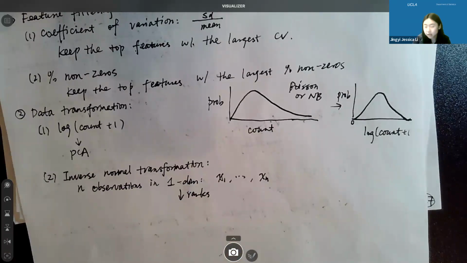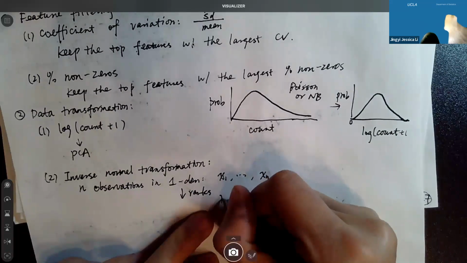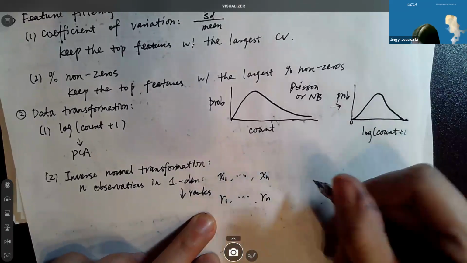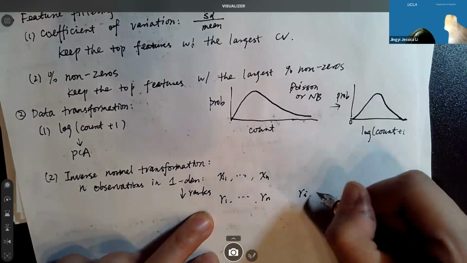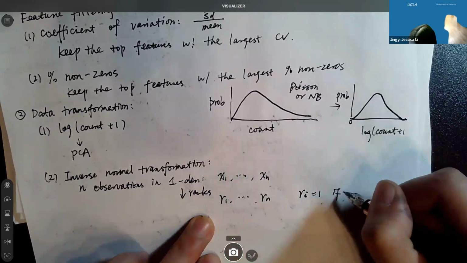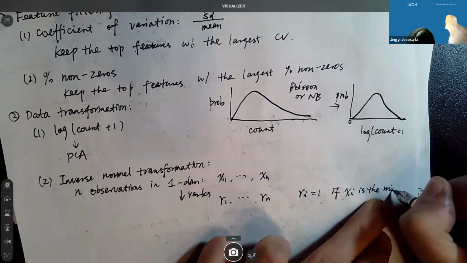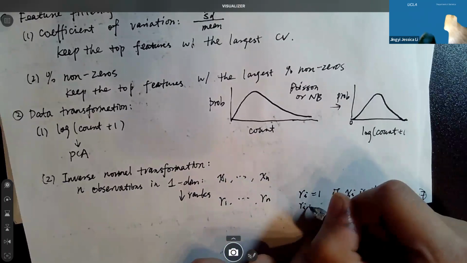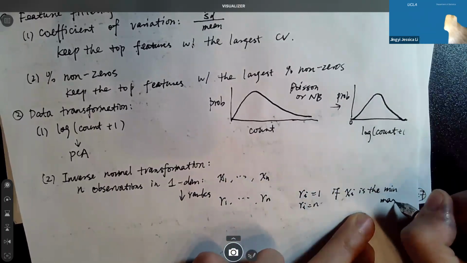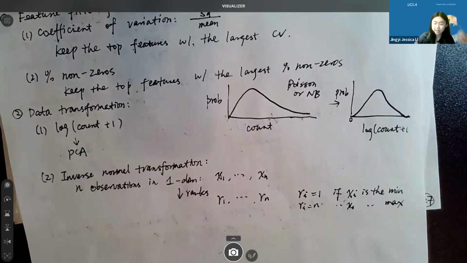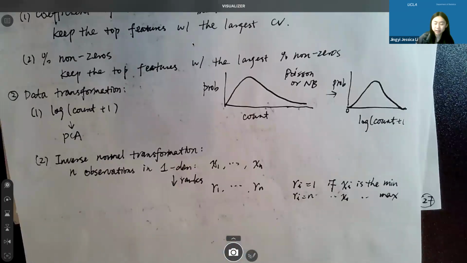The smallest one will receive a rank of 1, the largest one will receive a rank of n. Let me call them R1 to Rn. So basically Ri is equal to 1 if xi is the minimum, and Ri equals n if xi is the maximum. That's the way we define the ranks.